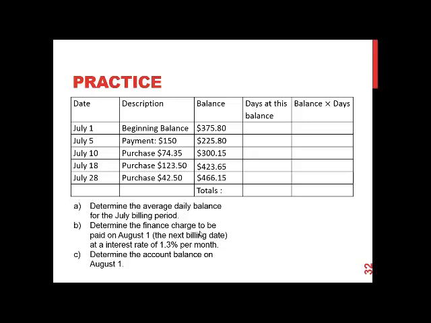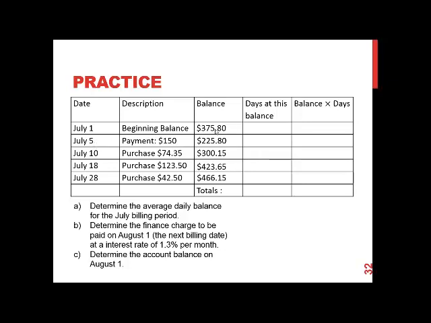Now, to figure out the average daily balance, we could add up each day that it's at each balance. A quicker way of doing that is to take the balance, 375.80, and multiply that by the number of days it was there. So for example, July 1st to July 5th, that's the 1st, 2nd, 3rd, and 4th.